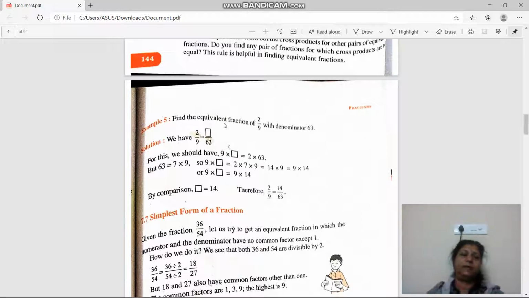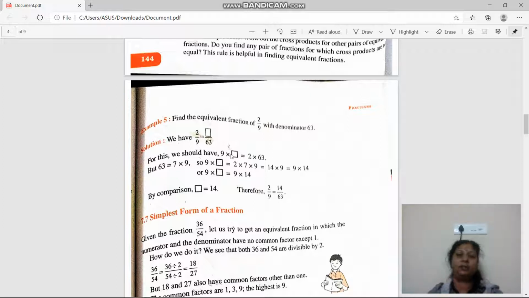See here, find the equivalent fraction of 2 upon 9 with denominator 63. So we have 2 upon 9 and the denominator is 63. To get 63, we have to multiply 9 by 7. So 9 7s are 63, and 2 7s are 14. So for this we should have 9 into what? 7. Fine.